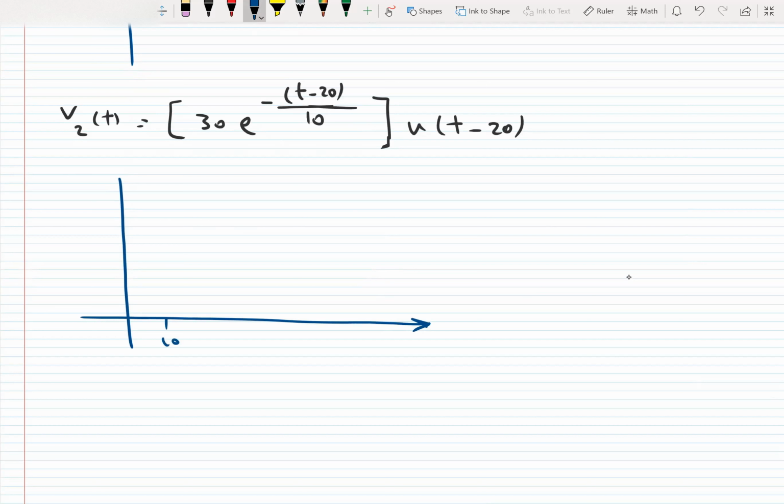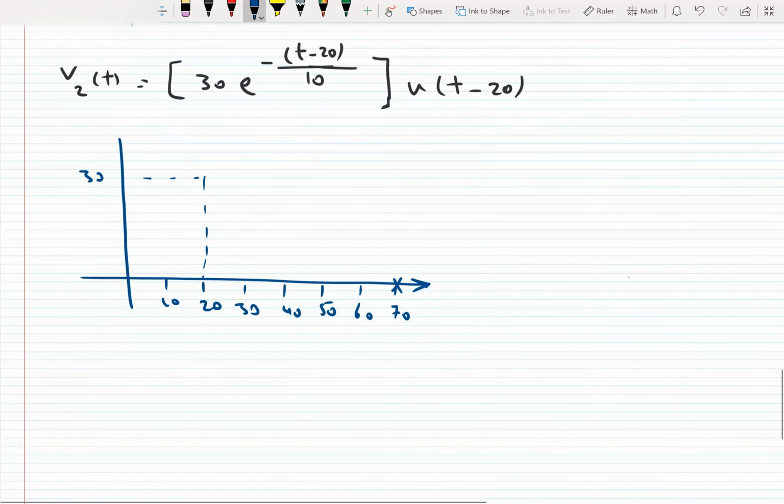If we have 10 here, 20, 30, 40, 50, 60, 70, the signal starts from t equal to 20. So at t equal to 20, the signal starts with the initial value of 30, and after 5 TC, so 5 TC is 50 plus 20, which is the start point, which is 70, the signal will be equal to 0.